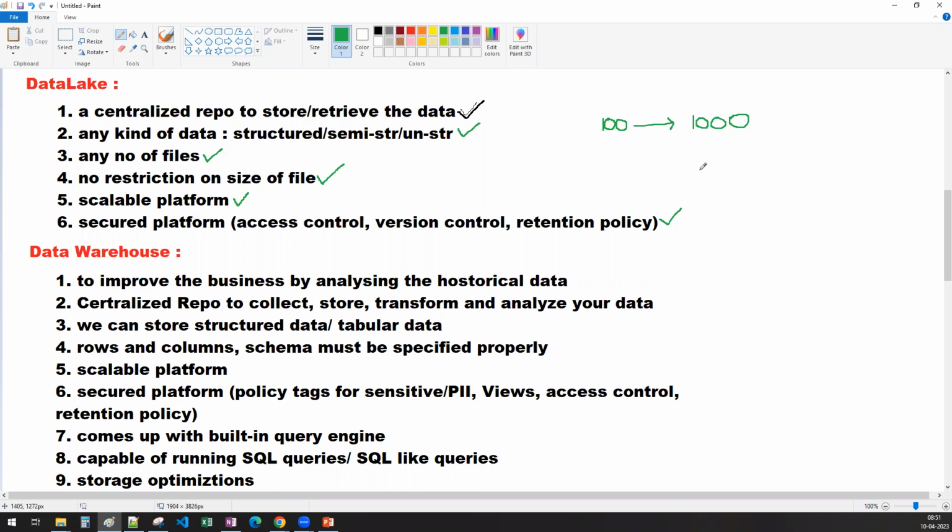In our upcoming classes, we will see the differences between scaling up, scaling down, scaling in, and scaling out. For now, understand that if I want to increase my resources, I go for scaling up, and if I want to decrease my resources, I scale down. There will also be vertical scale up and vertical scale down, so we will see that.